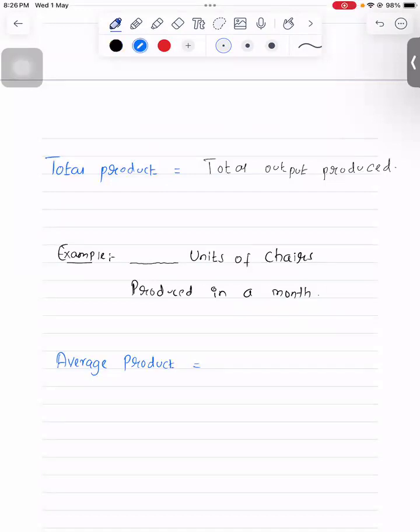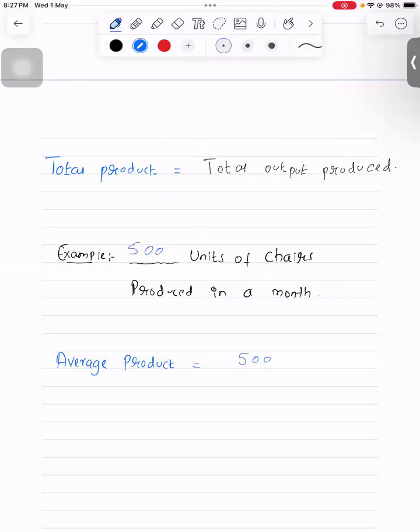Take for example, a firm is manufacturing some chairs. In a month, let's say 500 units of chairs are produced. So these 500 units of chairs are known as what? Total product. Now next is average product. Let's say these 500 chairs are manufactured by two labors.